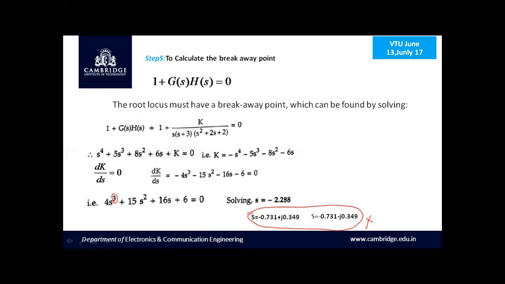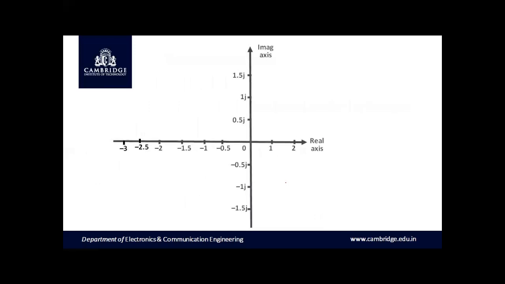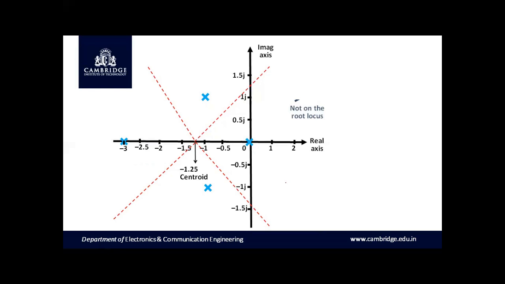Hence, it is invalid. Now we have to check the validity for s equal to minus 2.288. Let us look into the plots of the s-plane. We have marked the poles and zeros, the centroid, the angle of asymptotes, as well as the region of root locus.